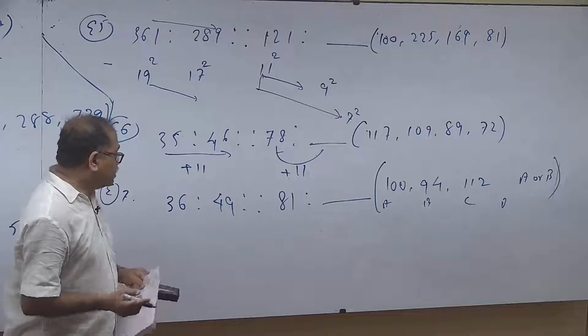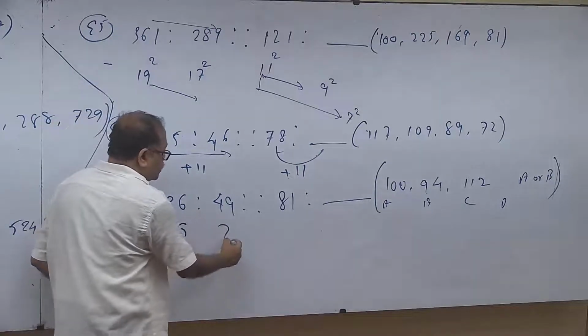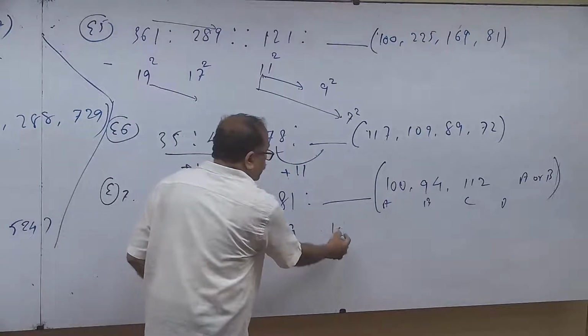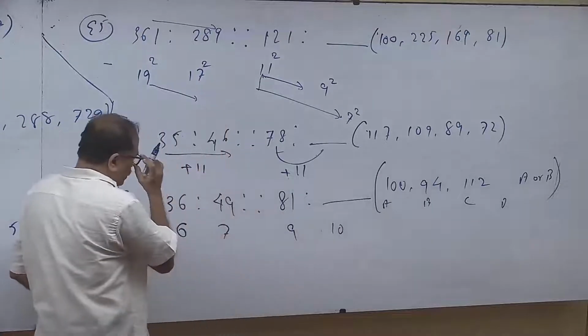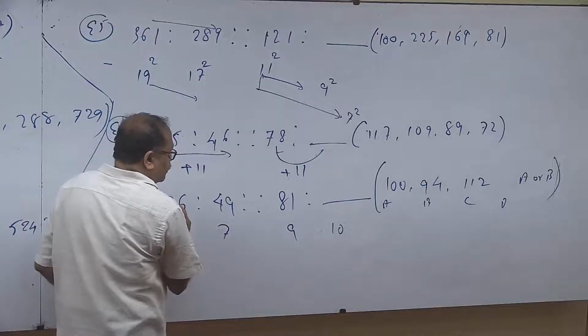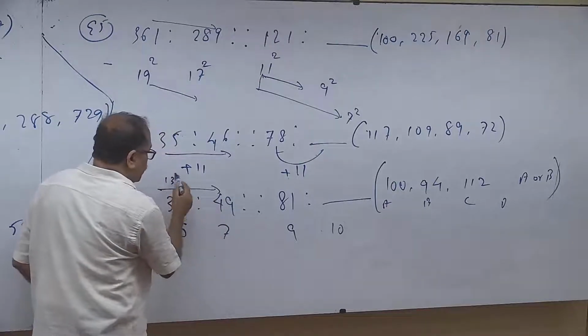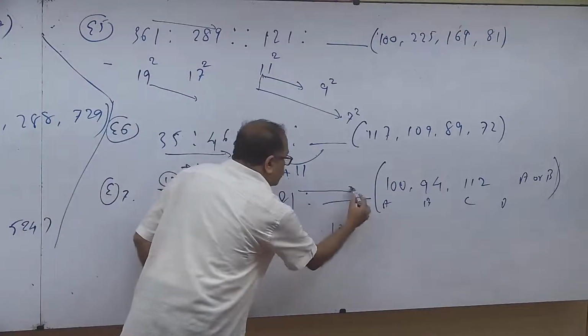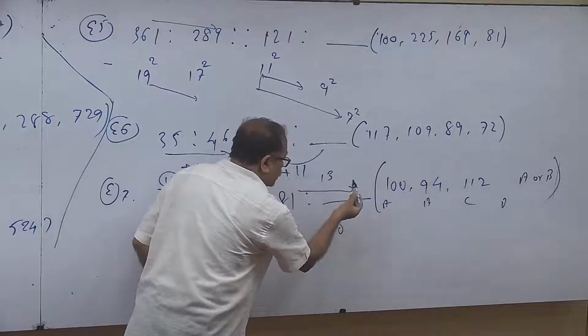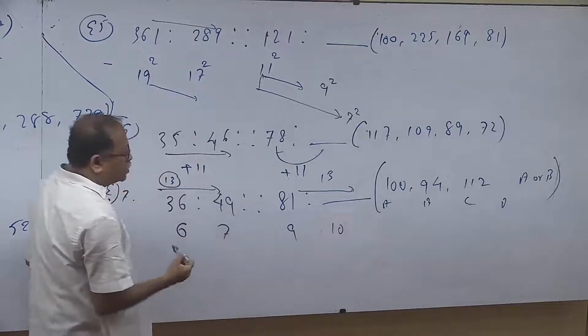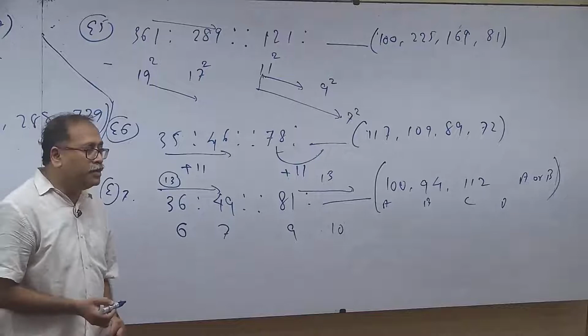Okay, the very first thing I really appreciate is that 6 and 7 square, then 9 and 10 square, 100. The second is that the number is in increasing order. So if the number is increased by 13, so increase this number also by 13, so you are getting 94. Yes, so it could be A or B also.